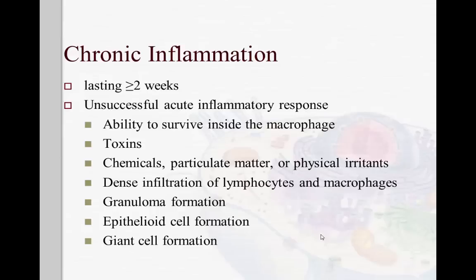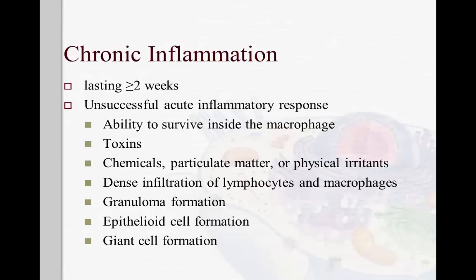So the presence of bands, which is the immature cell of the neutrophils, is called left shift. And left shift is an indication of bacterial infection. When the patient has more prominent lymphocytes instead of neutrophils, it's called right shift, and it's an indication for viral infection. This is a question.